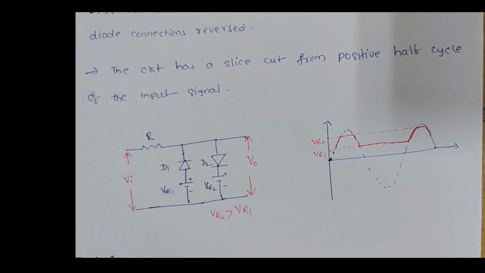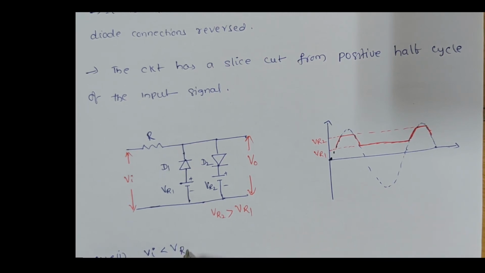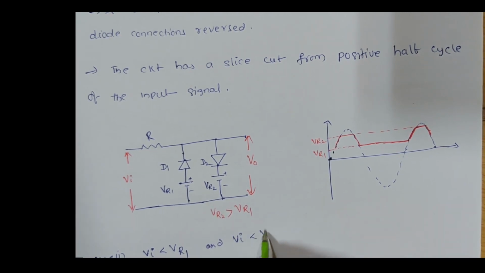In case 1, what happens? Vi is less than VR1. The larger value is VR2 and the smaller value is VR1. So when Vi is less than VR1, automatically Vi is less than VR2.